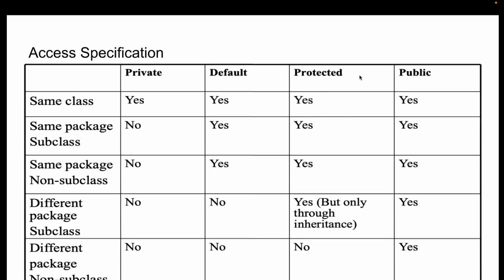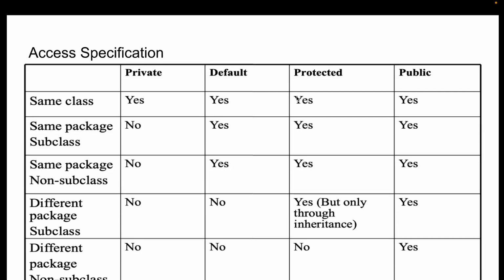Protected has a little higher scope of access than default and private. If you declare any variable or method with the access level of protected, it will be accessible in the same class.